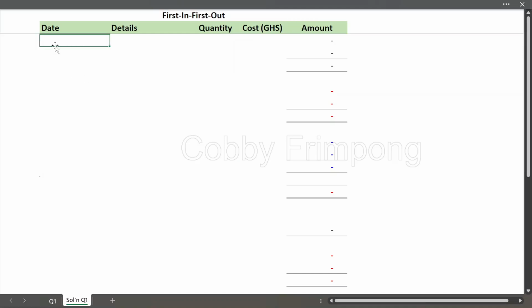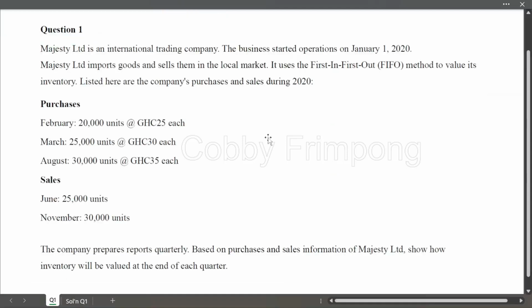Our first purchase transaction was in February, where 20,000 units at 25 Ghana cedis each were bought. And then in March, 25,000 units at 30 Ghana cedis each. We begin with these purchase transactions.